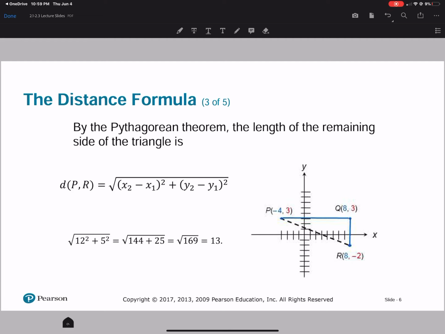We already did the inside, so we have 12 squared plus 5 squared, which gives 144 plus 25. Then take the square root of that: the square root of 169, which is 13. Your diagonal side should be your longest side, because that's your hypotenuse.